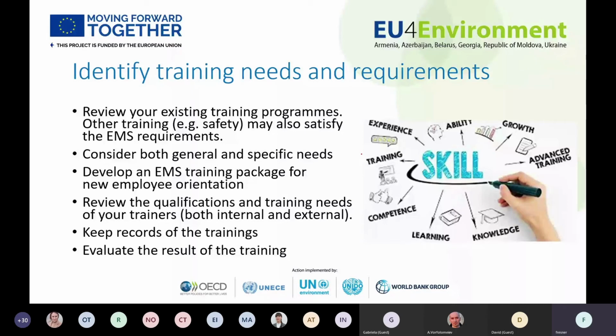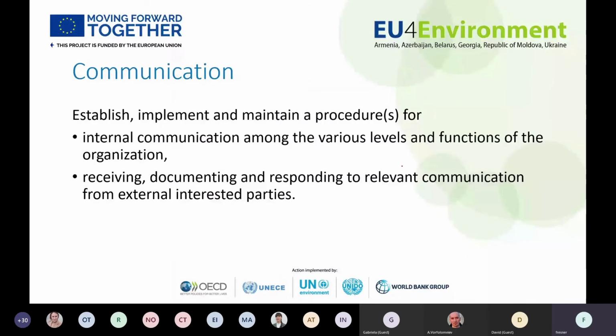For internal communication about all these aspects, about the importance of environmental management, about the relevance of procedures, about the personal roles of people involved, we need to have a procedure to control the internal communication about the various levels and functions and how different pieces of information are passed on and received. A simple measure would be regular meetings.